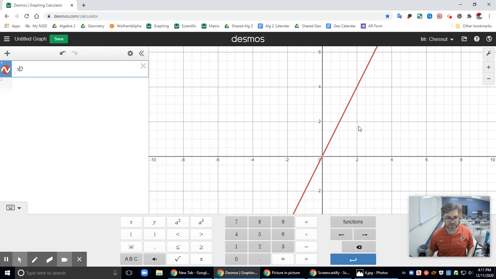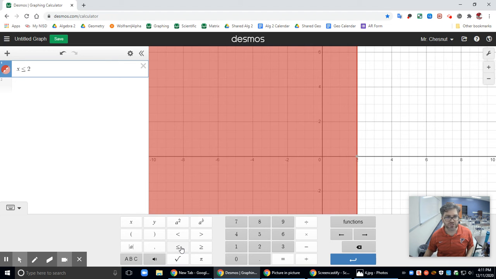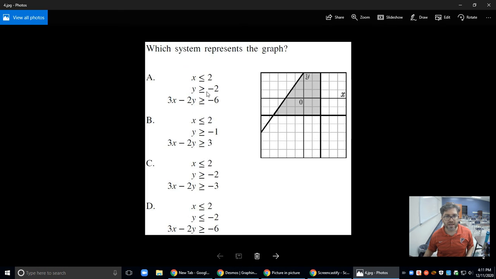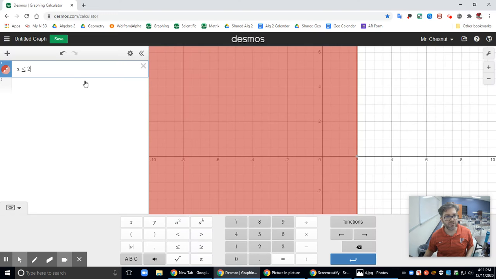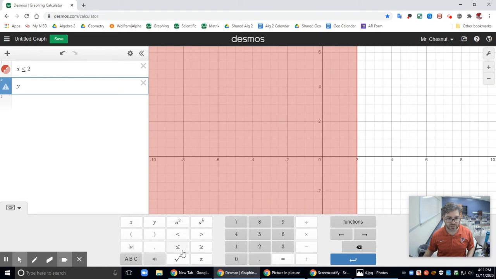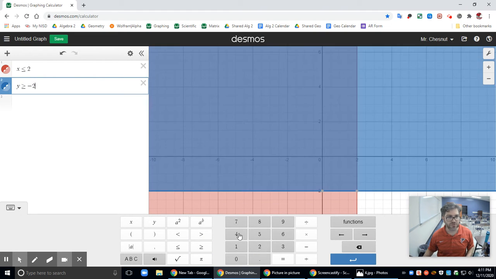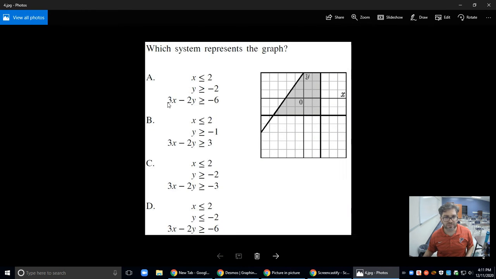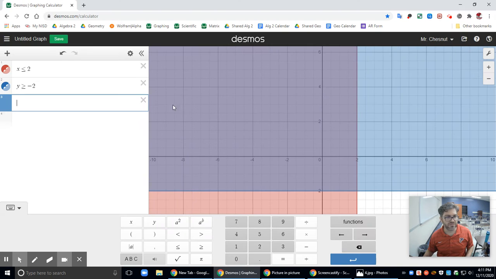Anyway, I need to change it to less than or equal to 2, and then y is greater than or equal to negative 2. And then the third one says 3x minus 2y is greater than or equal to negative 6.